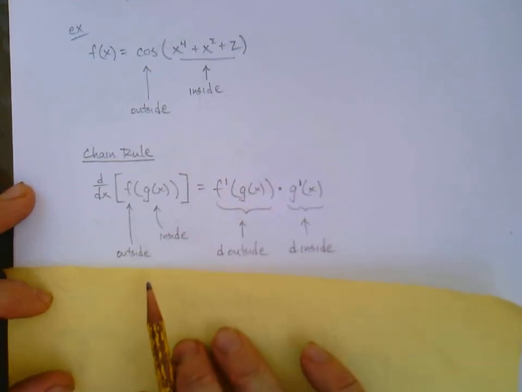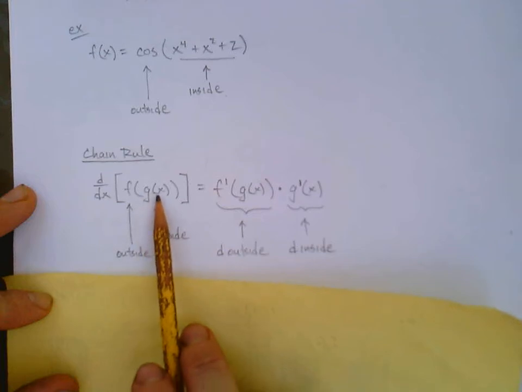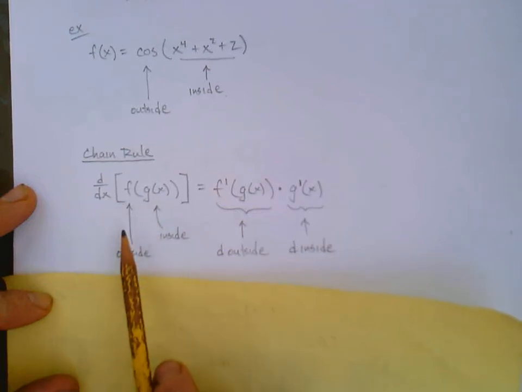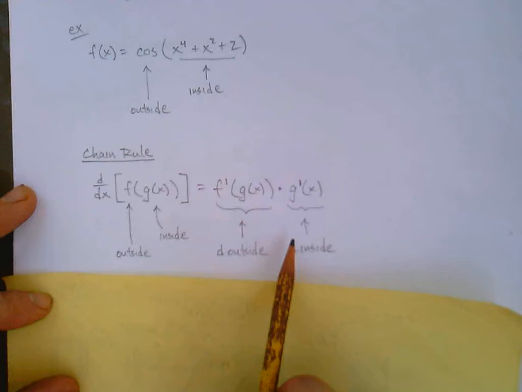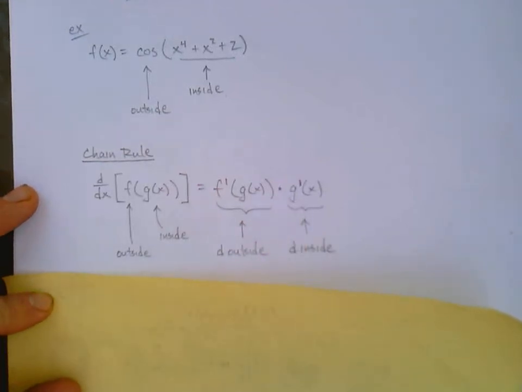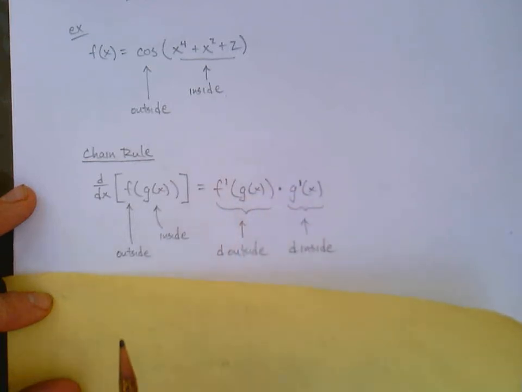And so a handy way to remember the chain rule is, once you identify the inside and the outside, you take the derivative of the outside, so that's the f prime, and you multiply that by the derivative of the inside. The name comes from the fact that these are like two links in a chain.